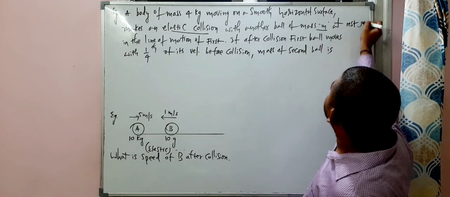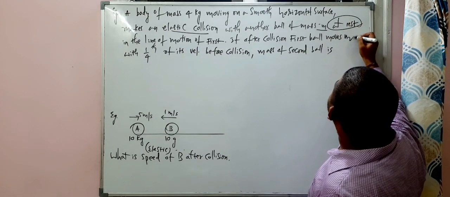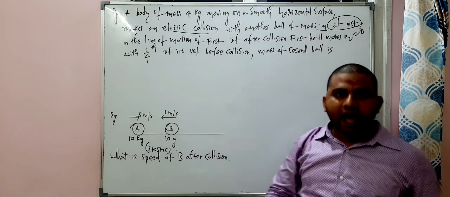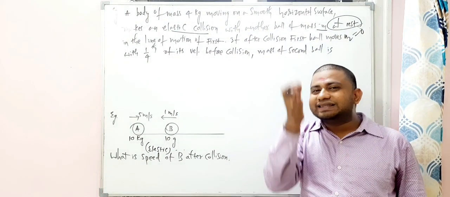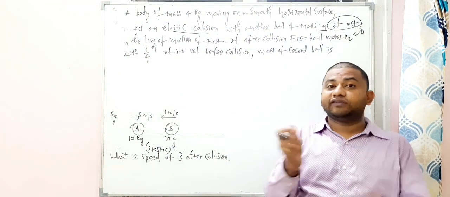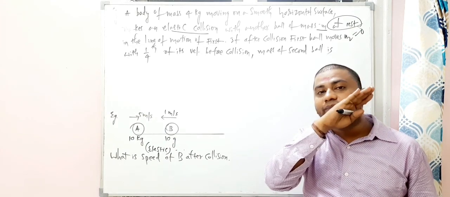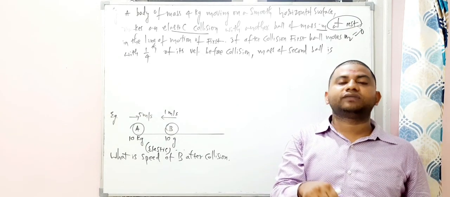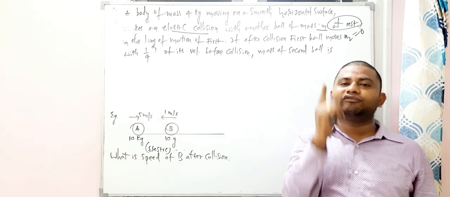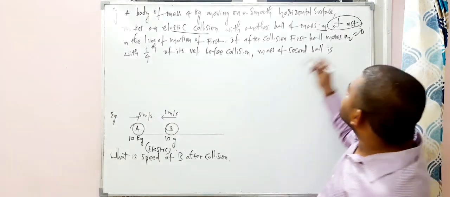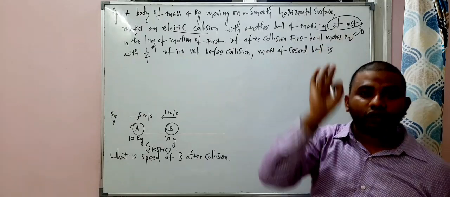See, the second body is at rest, u2 is equal to 0. Half of the equation is reduced now, because the v1 expression will have two terms, and one term will become 0. The v2 expression will have two terms, and one term will become 0 because the second body is at rest.